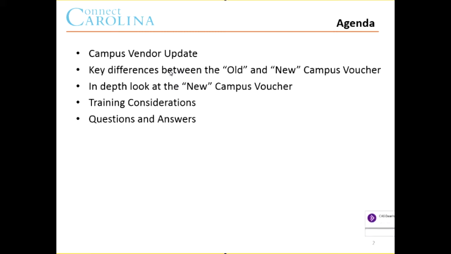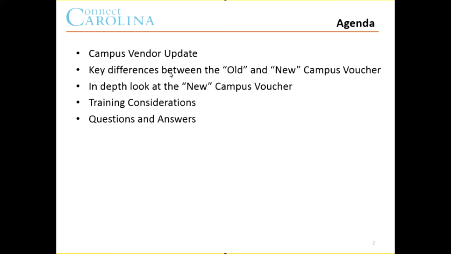Then I'm going to take an in-depth look at an actual demonstration in the system of the new campus voucher. And then we're going to talk about some of the training considerations. When is the new transaction going to be available in the training environment? And also about the training materials and how we're going to deal with that. Then at the end we'll do questions and answers that you can submit via the chat function.